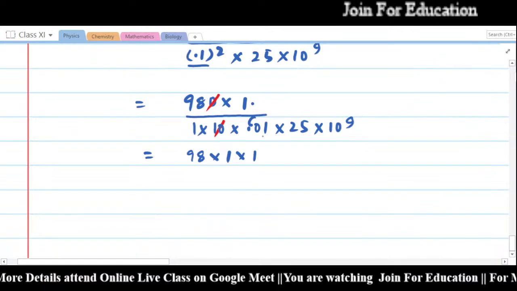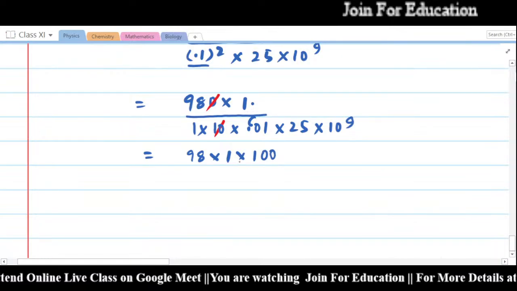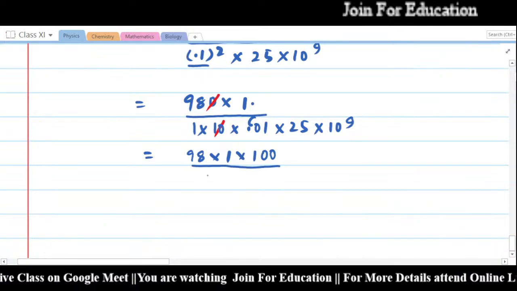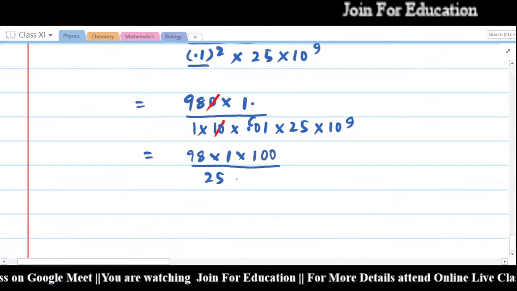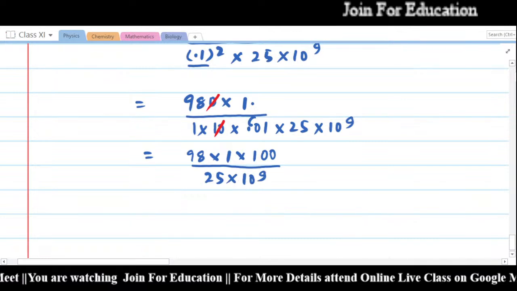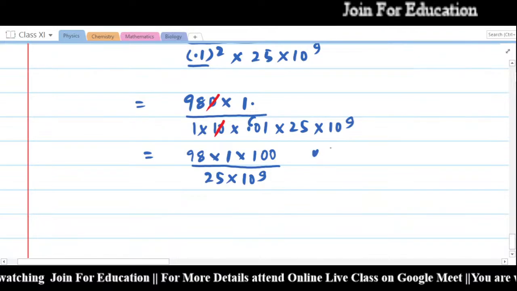On the right hand side we have two digits, so we write down 20 by 25 into 10 to the power 9. There is no problem to understand up to this step.